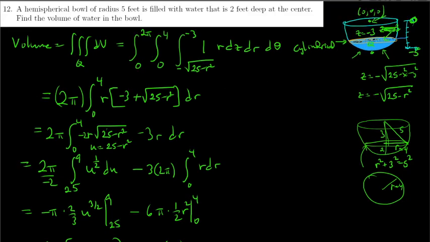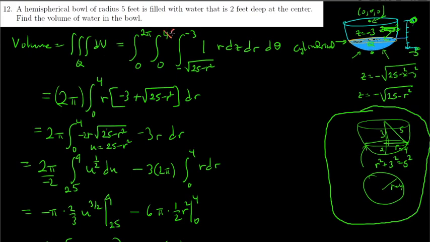Right. Again, the hard part is figuring out the bounds here, the limits of the integral. Again, just look at the geometry, right? If you're tempted to think that the radius goes from 0 to 5, right, that's a pretty common mistake. That's the radius of the bowl, but it's not the radius of the surface of the water here.